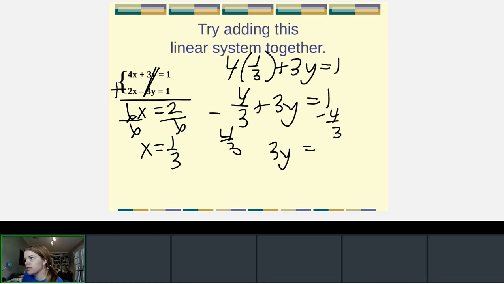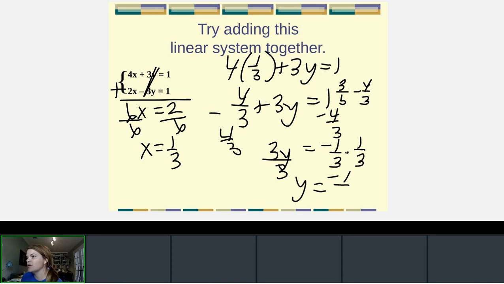So this would be 3y, and 1 is 3/3. So if I had 3/3 minus 4/3, I would get negative 1/3. I'm going to divide by 3, which is the same thing as multiplying by the reciprocal. So this is y equals, we multiply straight across, negative 1/9.